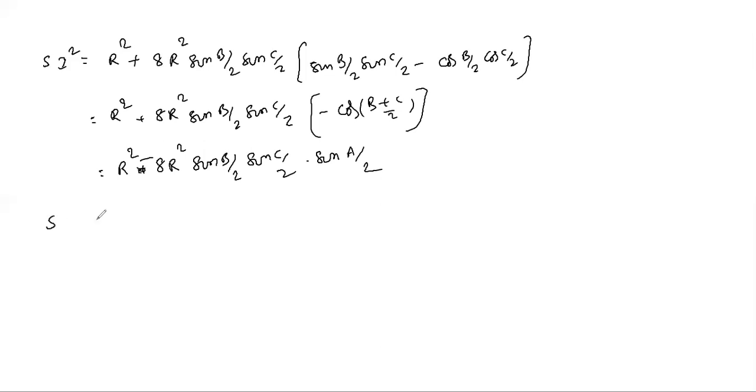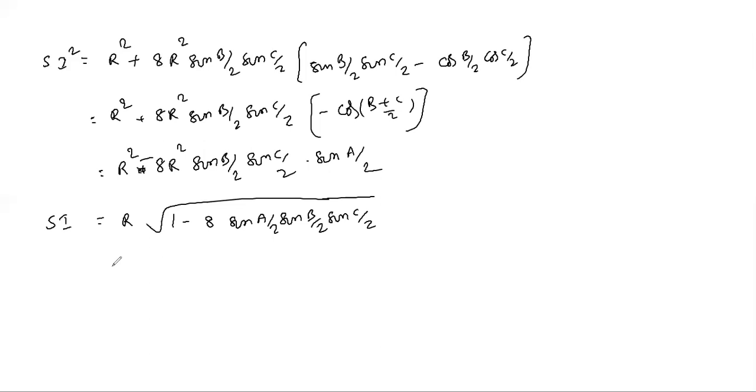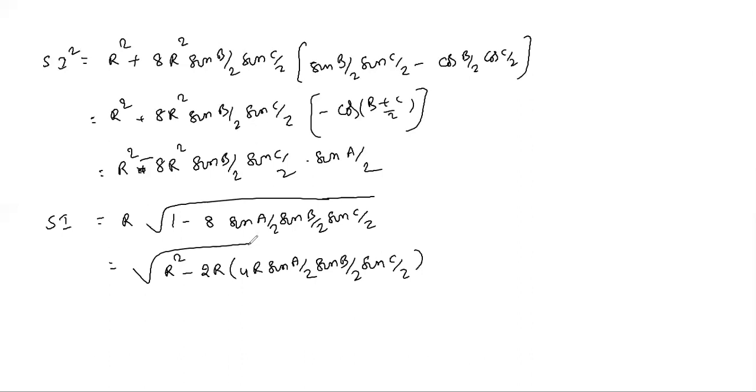So SI equals R into root of 1 minus 8 sine A by 2 sine B by 2 sine C by 2. This is one formula. If you multiply R inside, R square minus 2R into the remaining 4R sine A by 2 sine B by 2 sine C by 2, which is nothing but small r. So R square minus 2Rr.